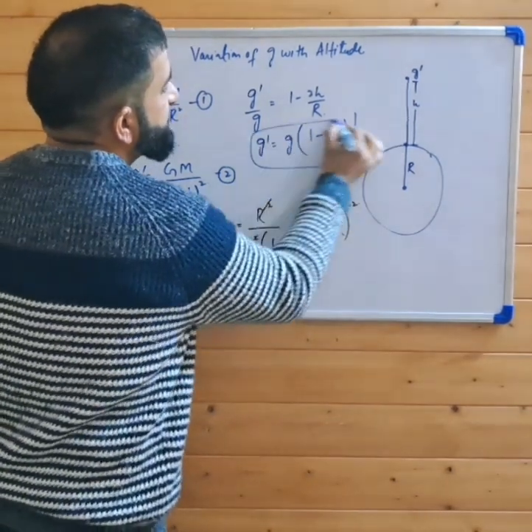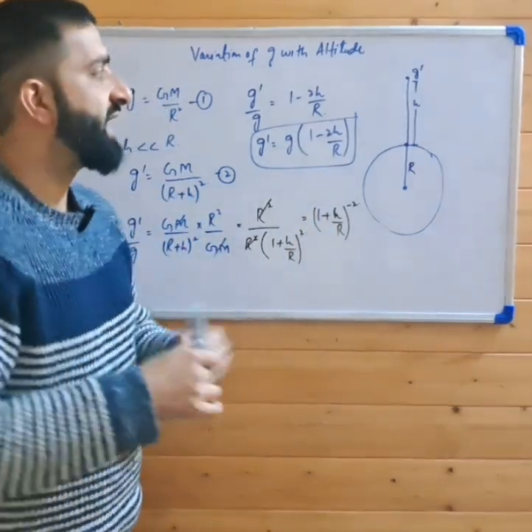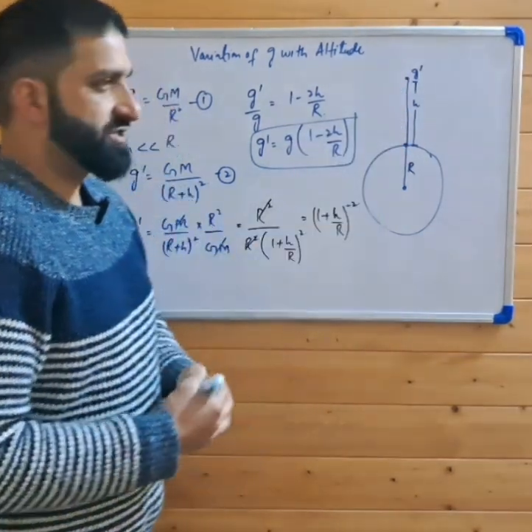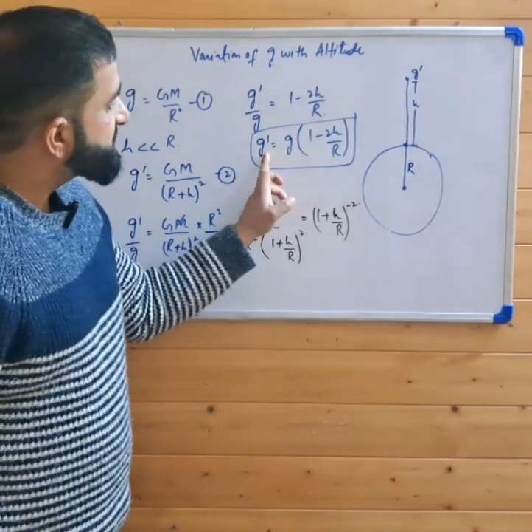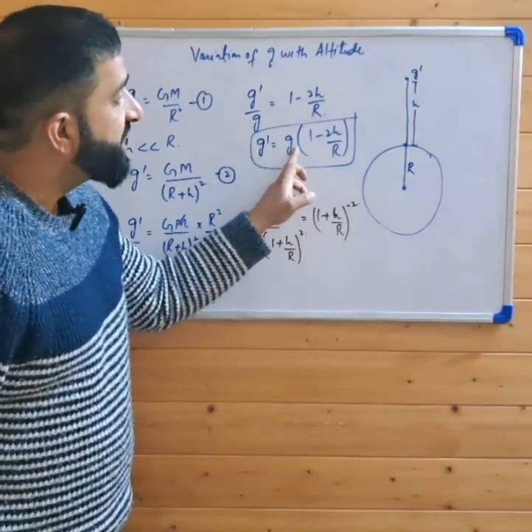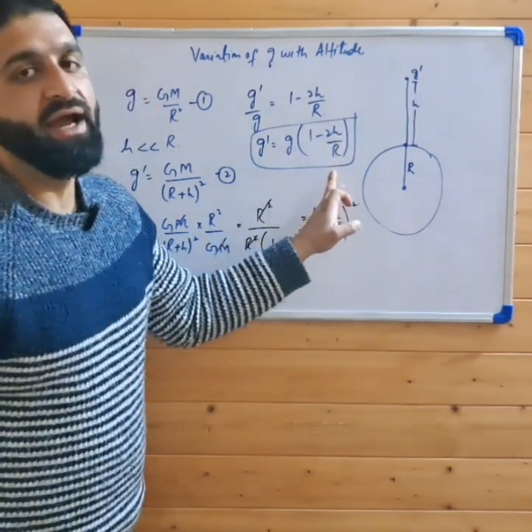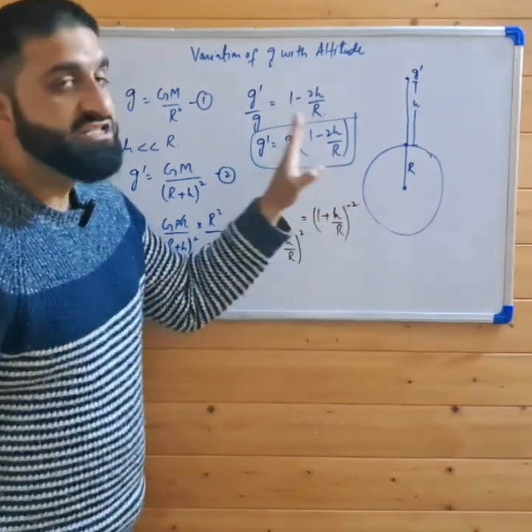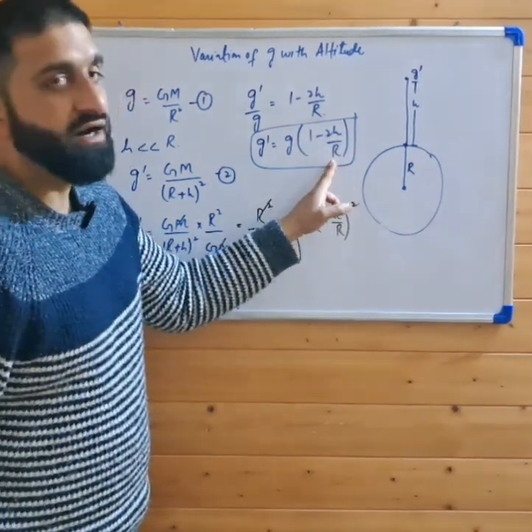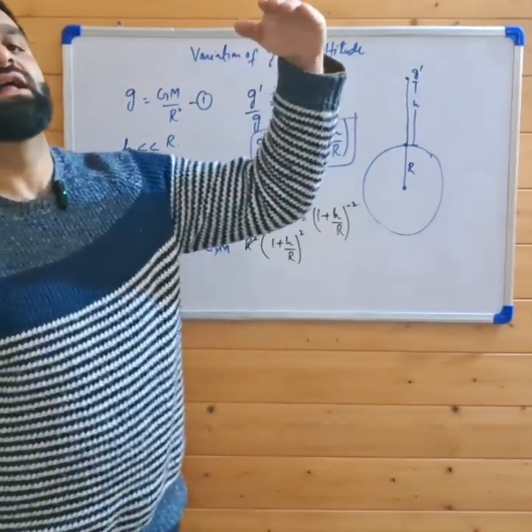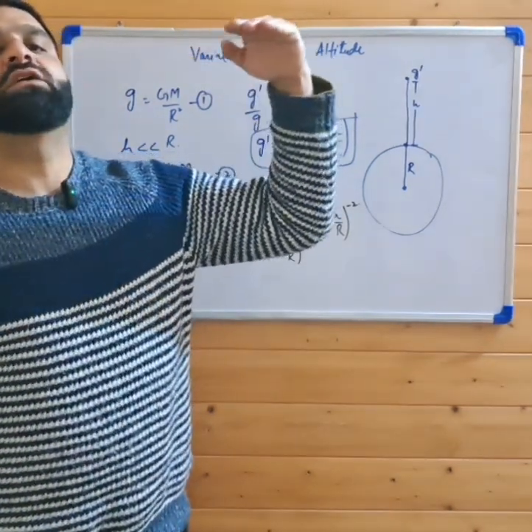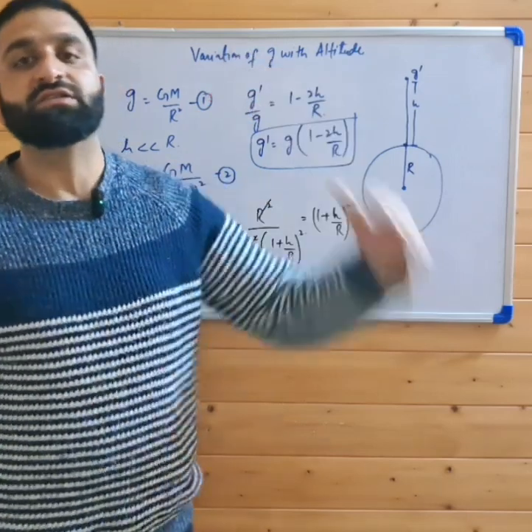So this is the value of acceleration due to gravity at an altitude h. When we multiply, g dash will be g minus 2hg by r. That means there is a decrease of 2hg by r from the value of g. So with height, the value of acceleration due to gravity decreases.